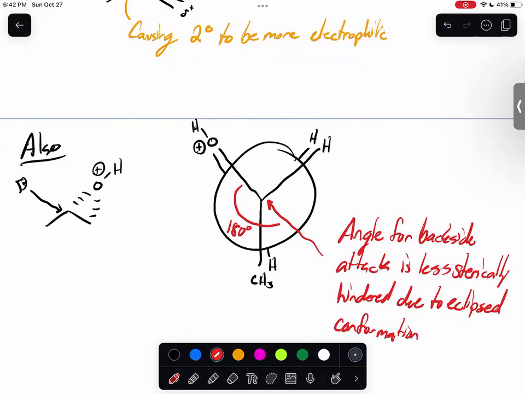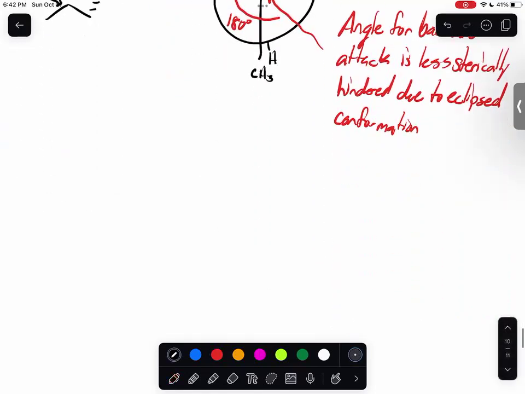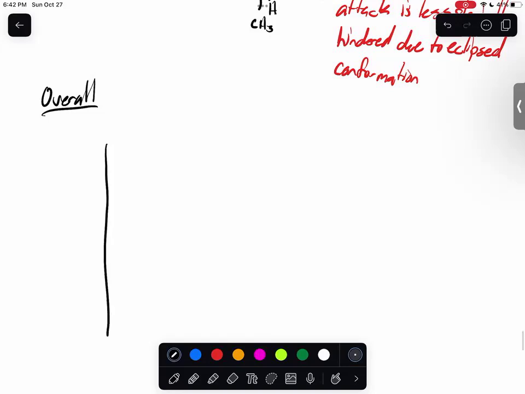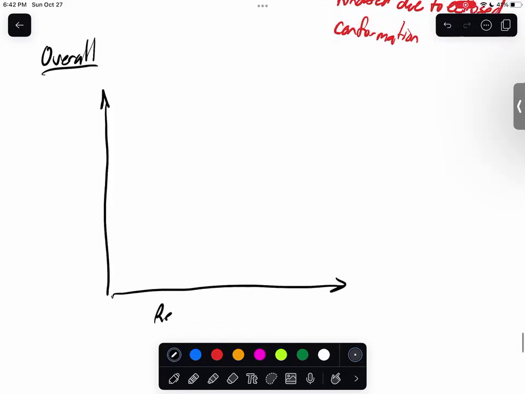And what this boils down to is overall, we see an energy diagram that looks something like this. So this is going to be our reaction progress, our energy. So first, we take something that's relatively normal, the epoxide. And upon protonation, we increase its energy by a lot.